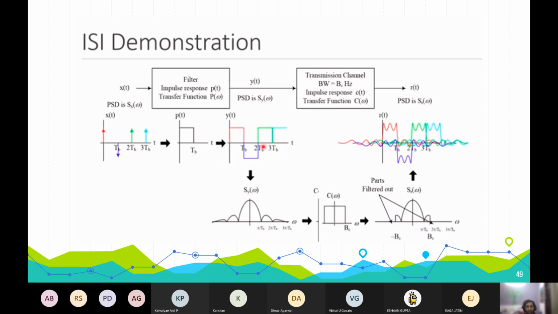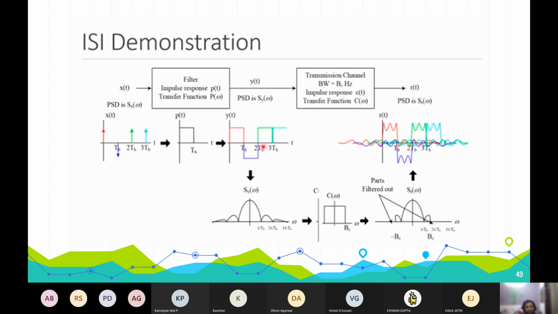This one is in time domain and the figure on the right is in frequency domain. You can see the video.